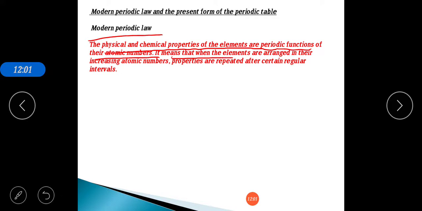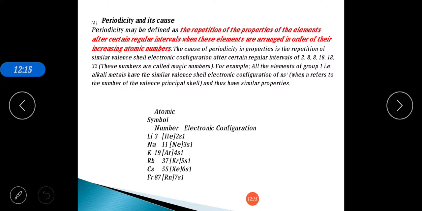It means that when elements are arranged in increasing atomic number, the properties are repeated after certain regular intervals. Periodicity and its causes. Periodicity may be defined as the repetition of the properties of the elements after certain regular intervals when these elements are arranged in order of their increasing atomic numbers.